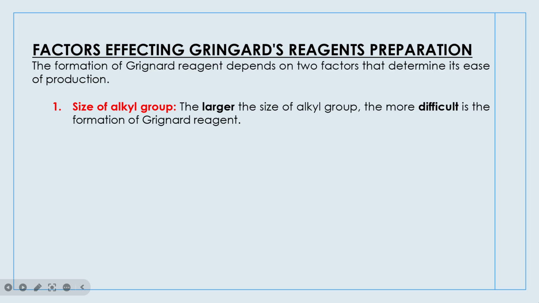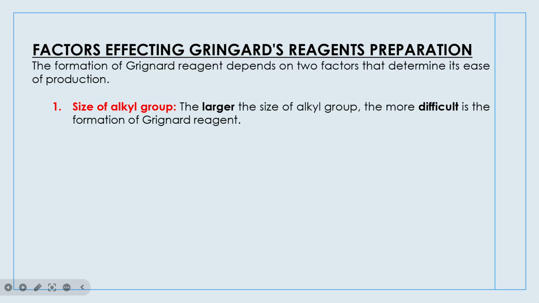For example, if I have a methyl alkyl group and a pentyl alkyl group, in methyl we have 1 carbon, in pentyl we have 5 carbons. So as the number of carbons increases, the size of the alkyl group increases. It means for pentyl the preparation of Grignard reagent is very difficult. But for methyl, since the size of the alkyl group is smaller, it is much easier to prepare.